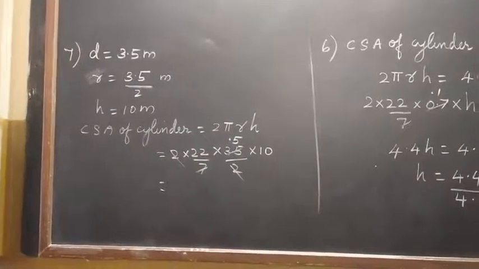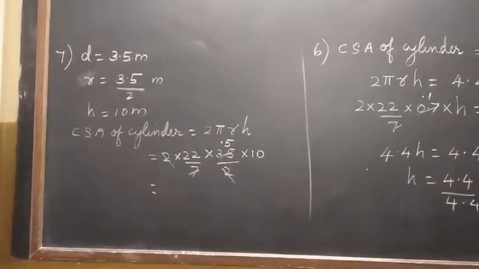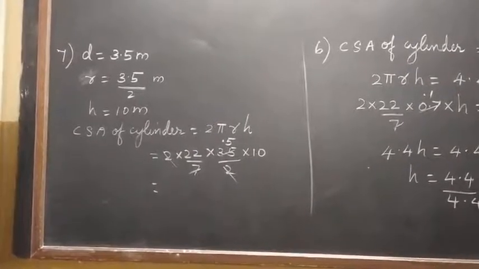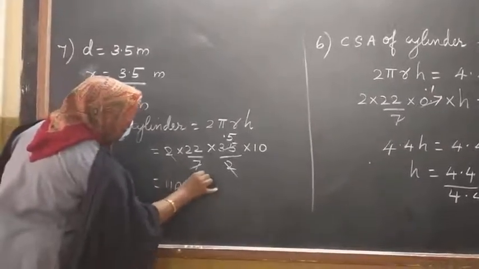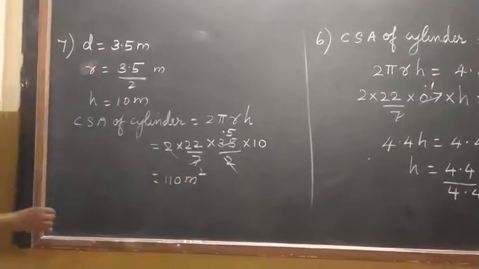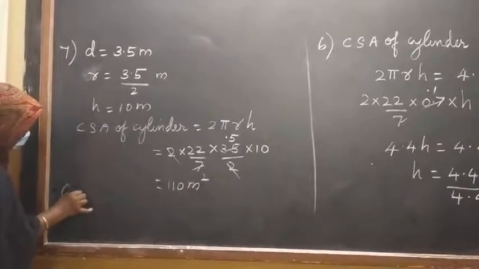Multiplied by 22. 5 into 22 is 110. So 110 meters square. Now you have to find out the cost of plastering.